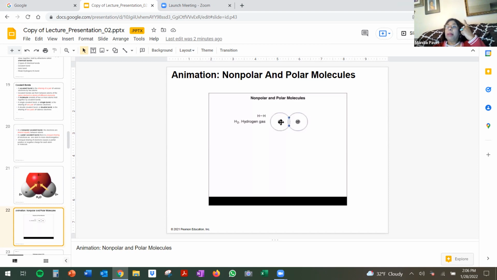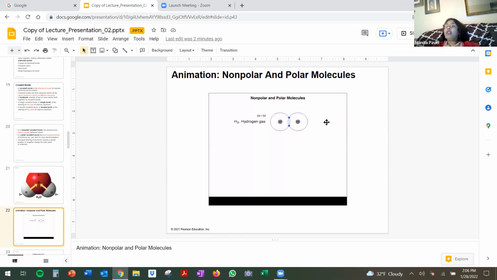Hydrogen has atomic number 1. It has this electron here. This hydrogen atom has 1 valence electron. Now, because a hydrogen atom combines with another hydrogen atom in the chemical reaction, the resultant molecule is H2, which is hydrogen gas.